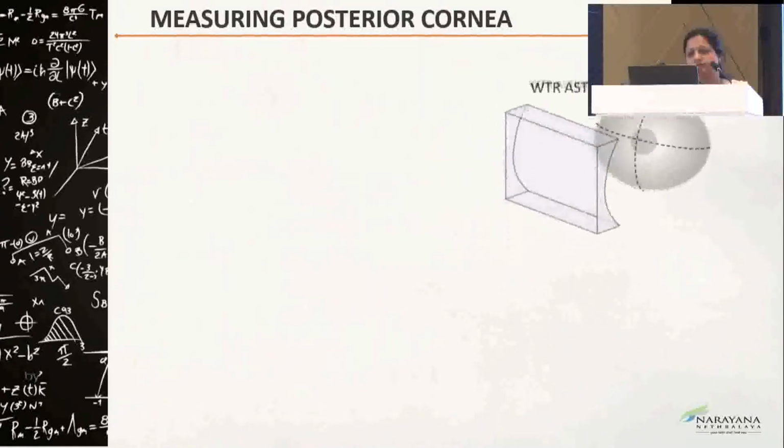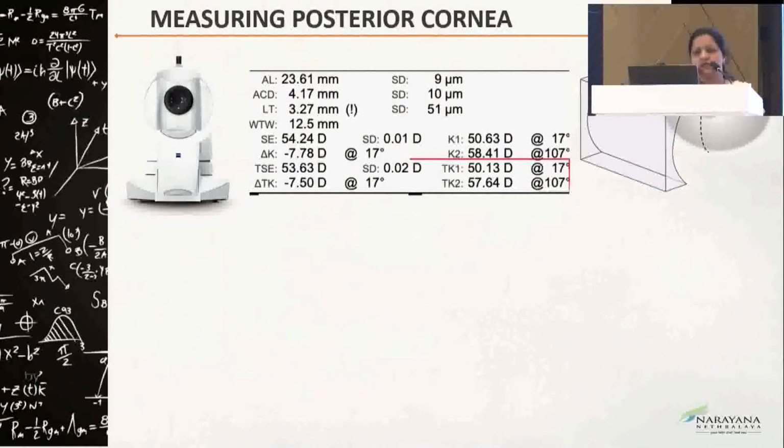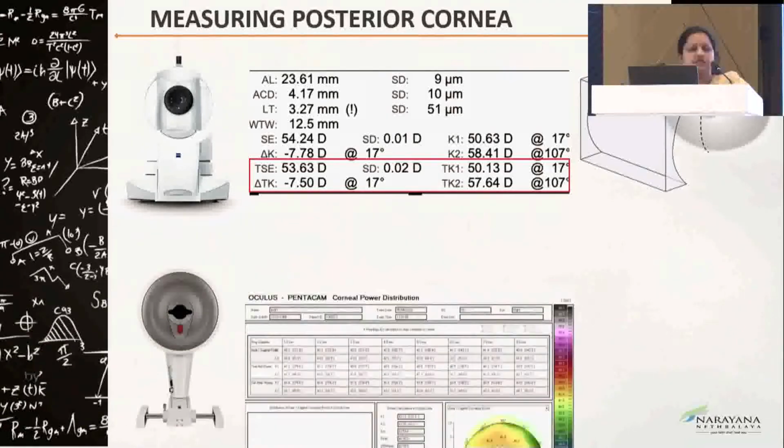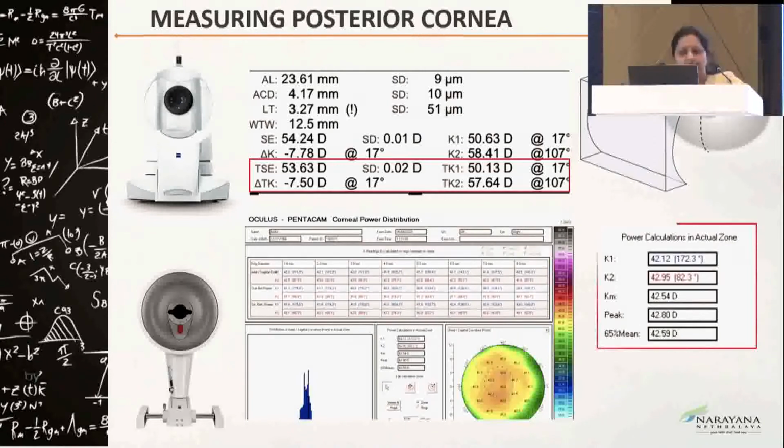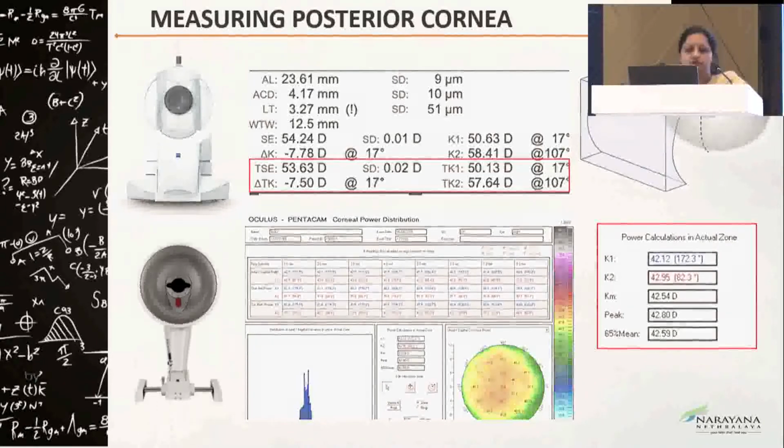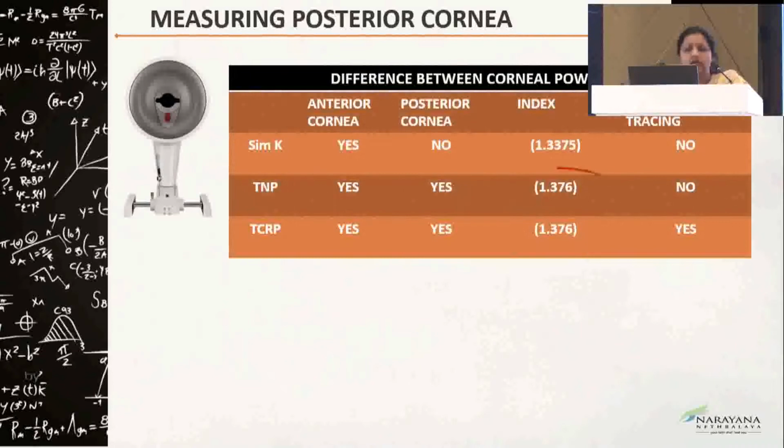These are the two common instruments which can be used. This is the IOL Master 700, which also measures the posterior cornea, and the Pentacam, which measures the posterior cornea. Pentacam gives us different K readings.